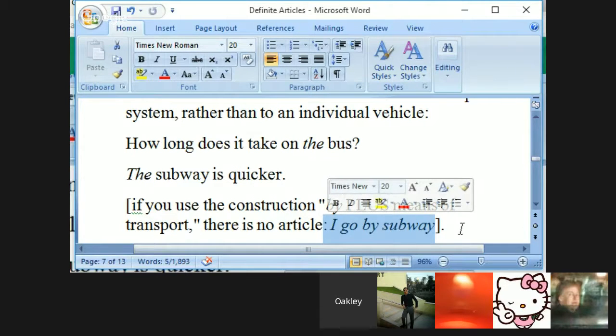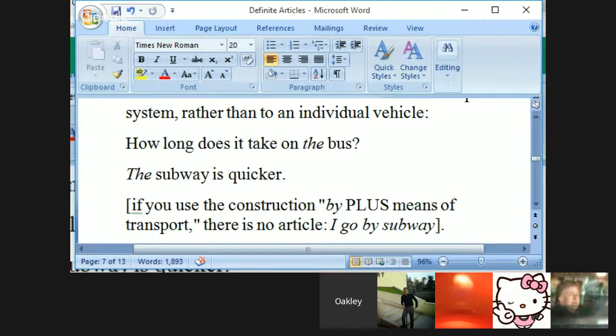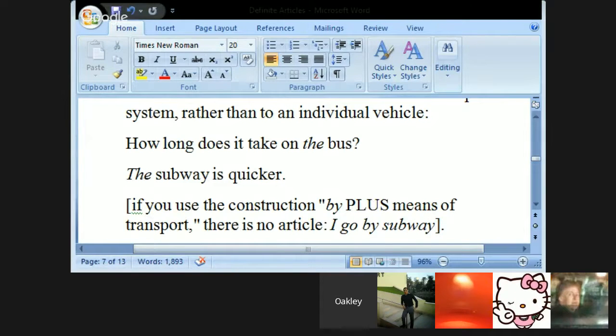You can say "by foot," but we often say "on foot." I'm going to the mall on foot. You might hear "on foot," and again, obviously there's no article. I'm going there on foot. You can say "by foot" too.